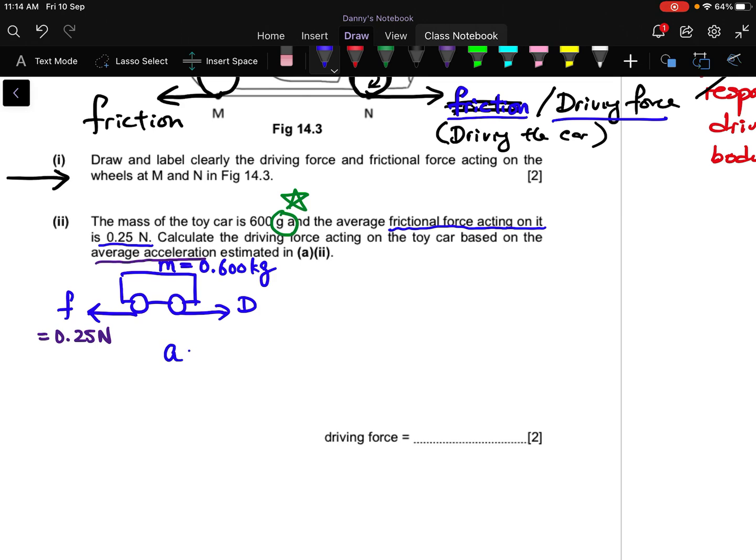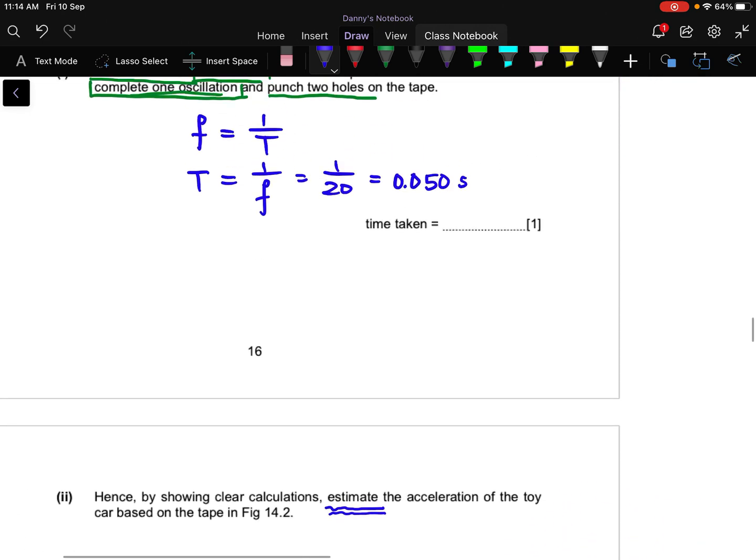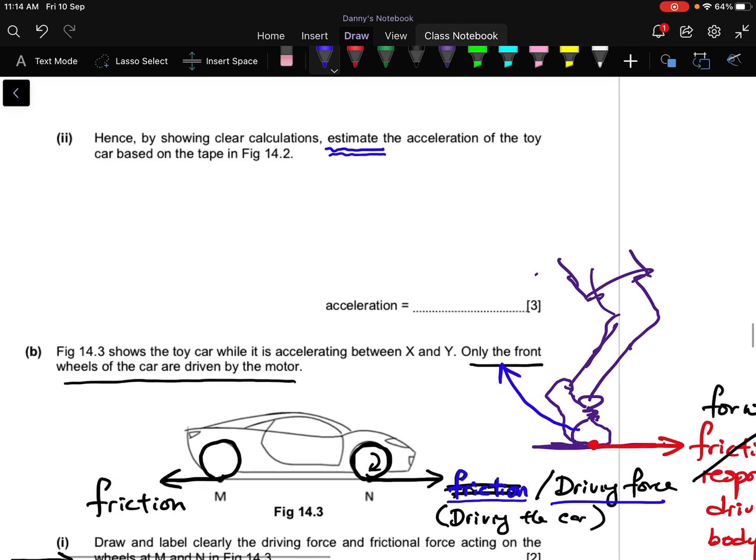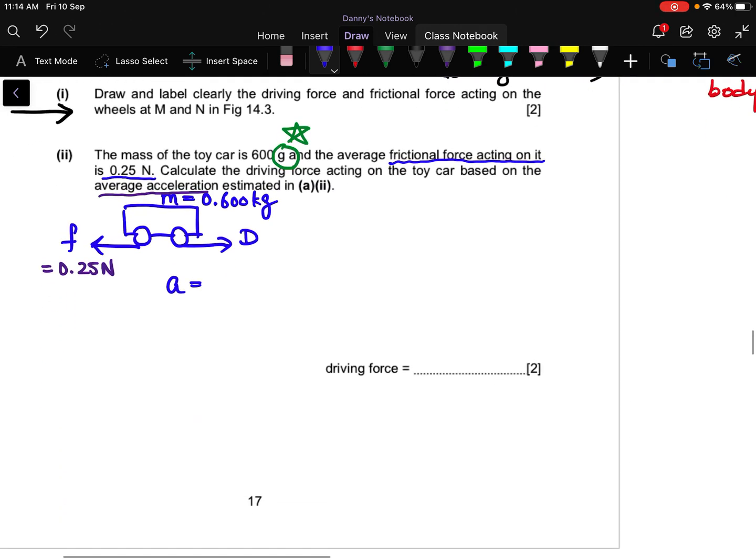Okay, so once you have this done, down here you are also told that you should assume that the acceleration is what you found in part 2, which is 10 meters per second square. So once you have this, basically it is quite straightforward.